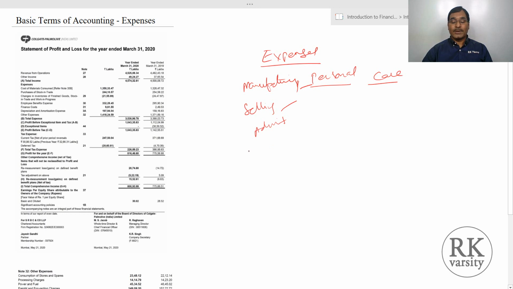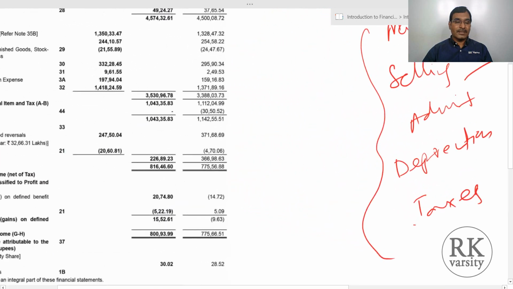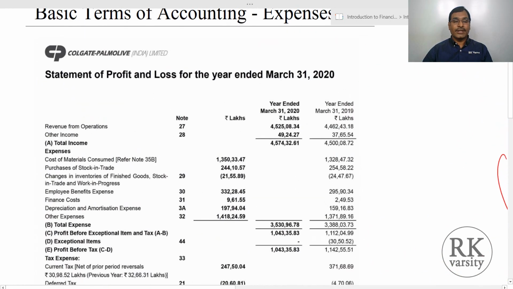They also spend expenditure towards depreciation and taxes, etc. So these are all the different expenses that a company incurs in producing or developing their products and services. In this lecture, with a real-time example of a Colgate-Palmolive income statement, we'll see what are the different types of expenses this company incurs to generate its revenue.